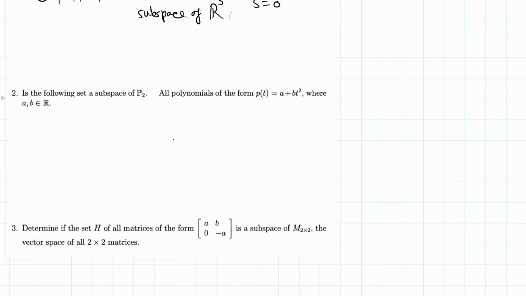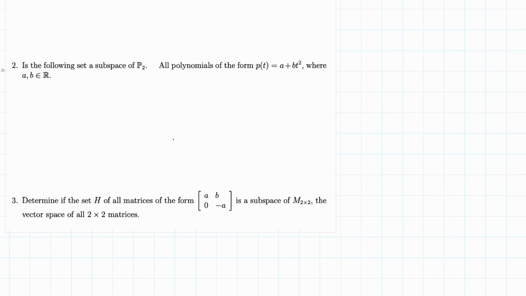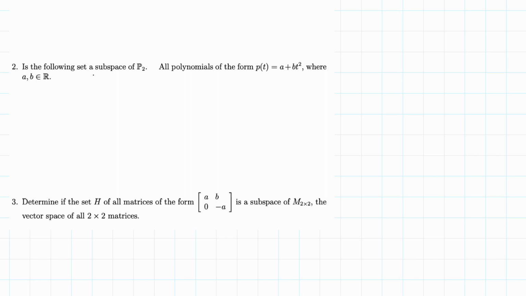Okay. Now next question: is the following set a subspace of P2? P2 is the set of all polynomials of at most degree 2. It's like a plus bt plus ct square, and a, b, c are real numbers.